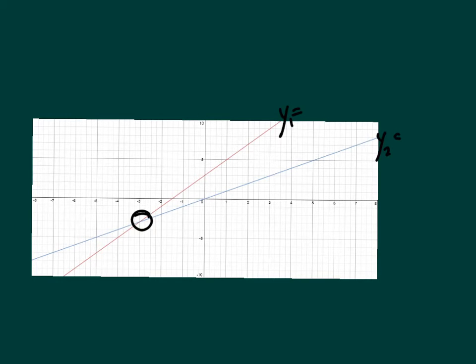Those two lines are the same at that point, and it looks like it is at the point negative 3. So that is the solution point of this. Now that solution point, like I said, tells us when the lines are the same.